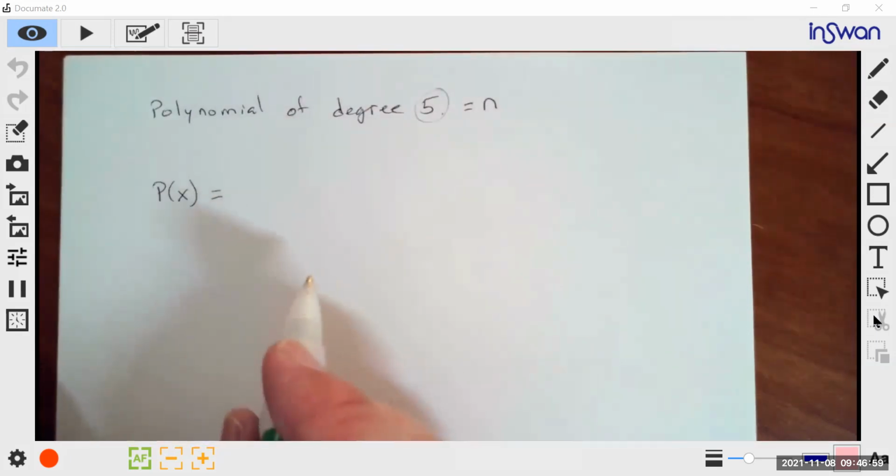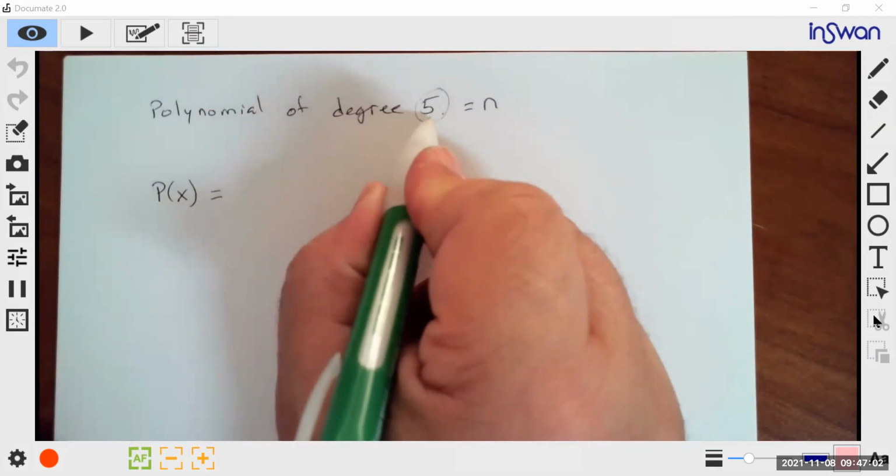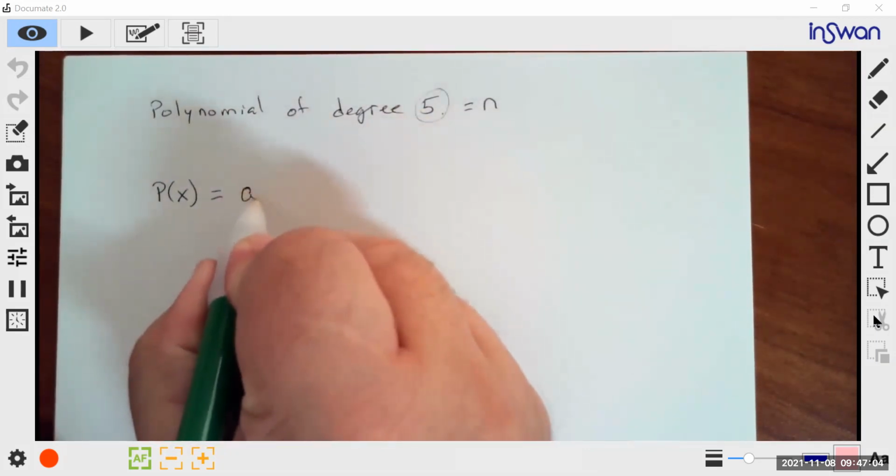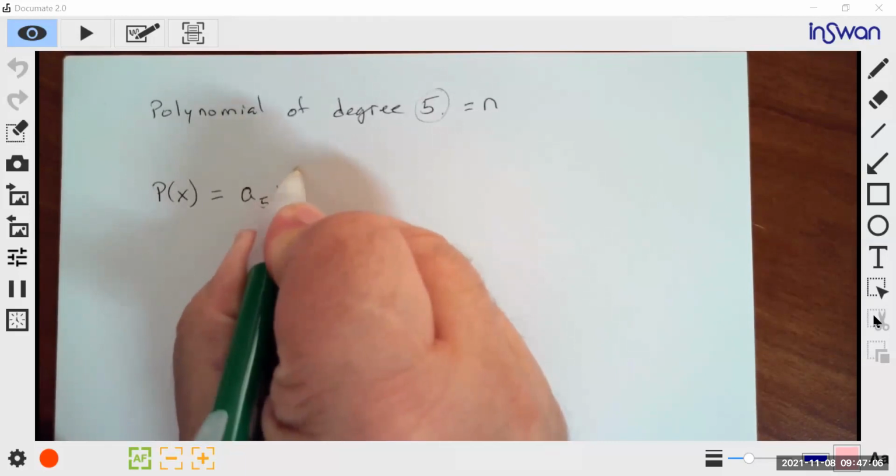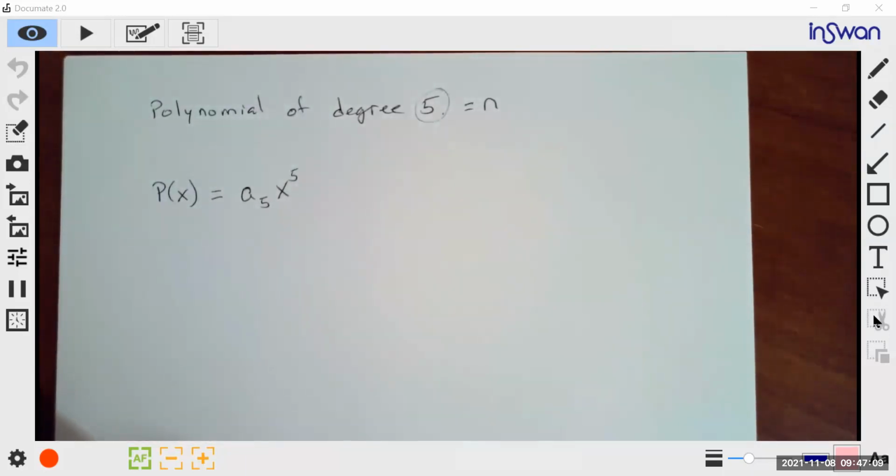We don't have anything else listed here. So this is what it looks like. Since it's a degree 5, our first exponent is 5. It's the highest exponent, the degree.